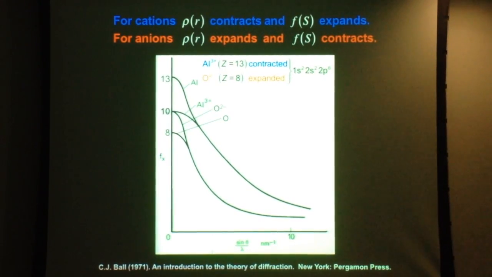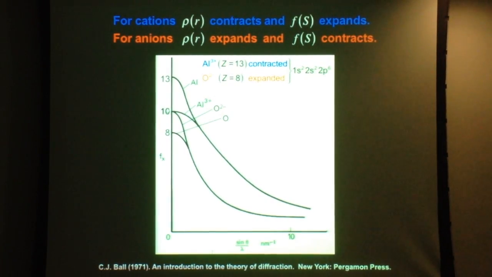But here was what happens with ionization. If we consider the aluminum atom and its triply positive ion, okay, so aluminum gets happy with a rare gas electron configuration, the neon configuration, by giving away 3 electrons to some other atom that would like to have them.